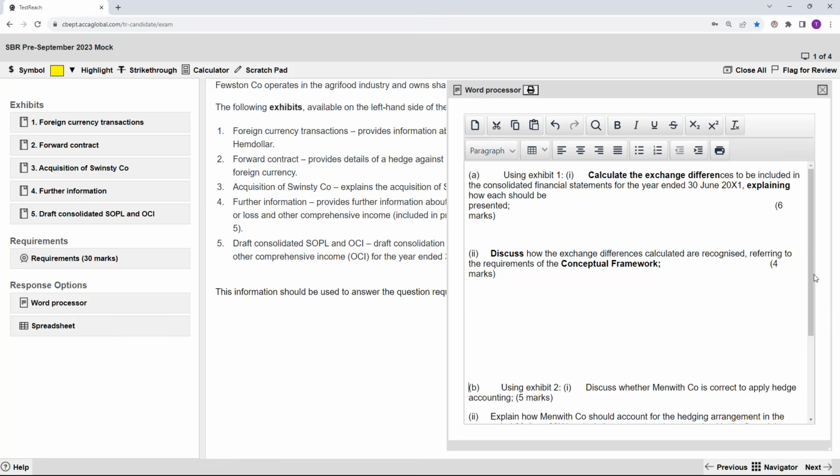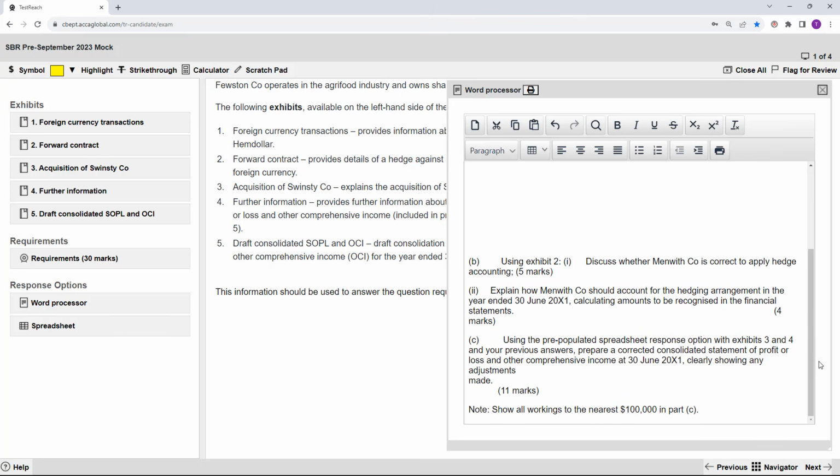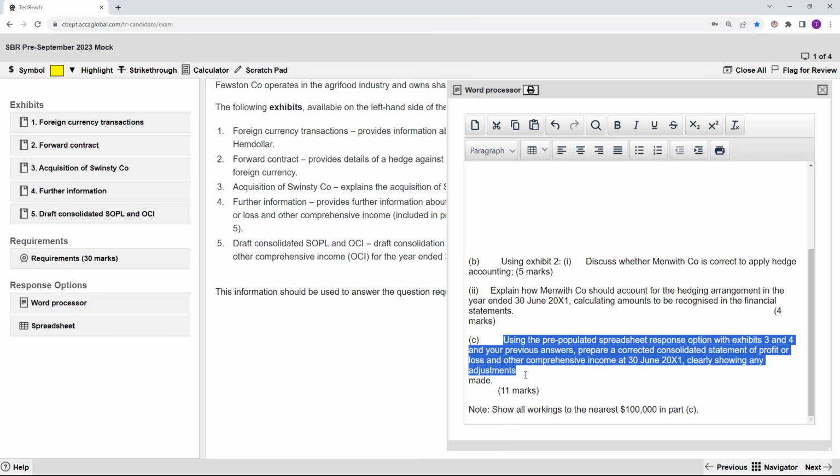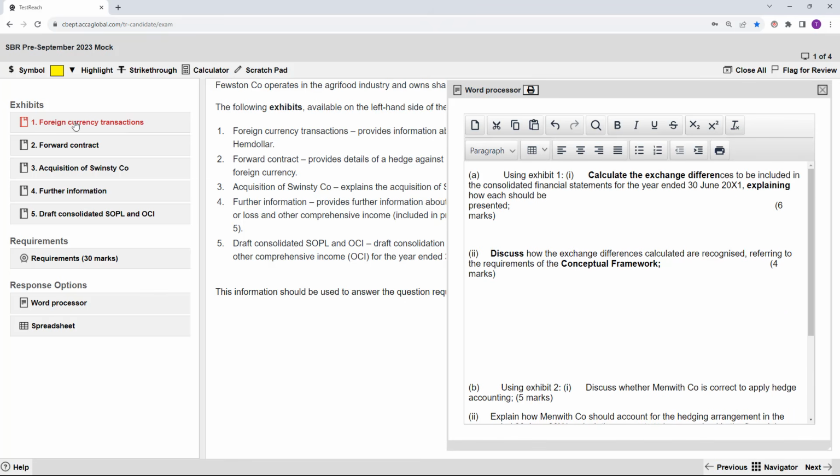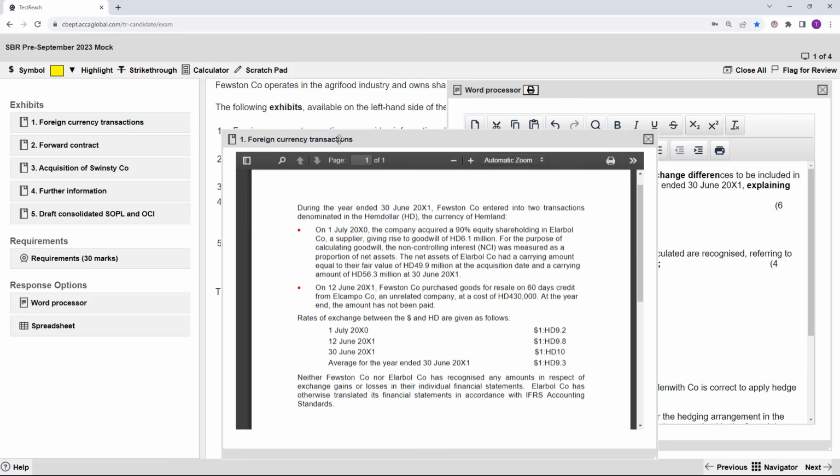And although I can see in part C, as I would expect, using the pre-populated spreadsheet, prepare, I'm going to do that as I go along as much as possible. So it's okay if I get a little behind in terms of time, but I want to give you a realistic answer using exhibit 1.